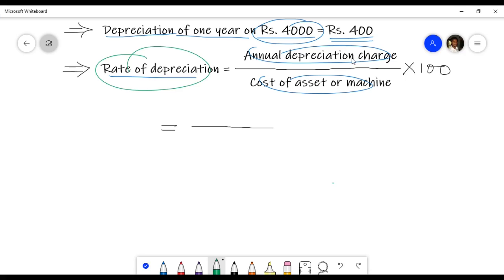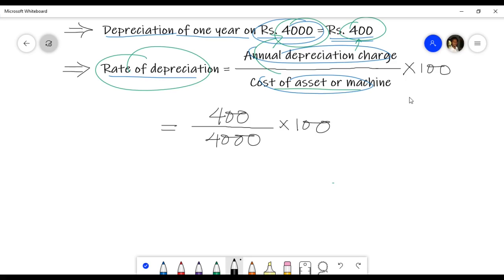Annual depreciation charge is 400 rupees. That's the depreciation of 1 year, 400 rupees, divided by the cost of the machine, right? The cost of the machine that year is rupees 4,000, into 100, and when we simplify it further, we will get 10%.